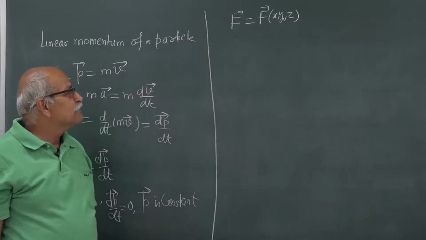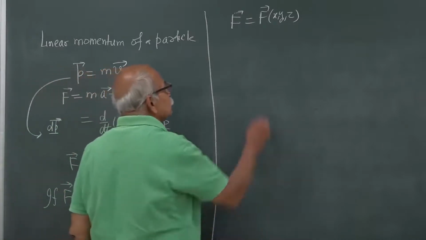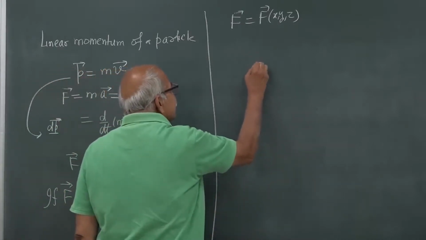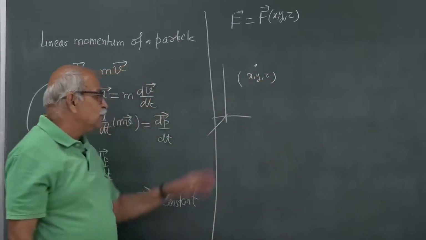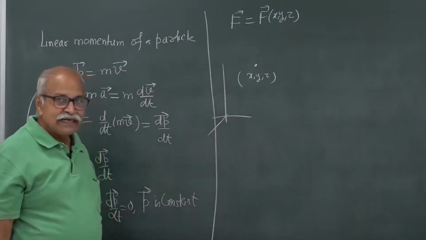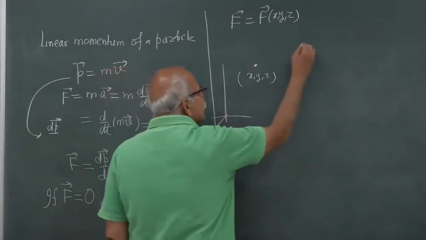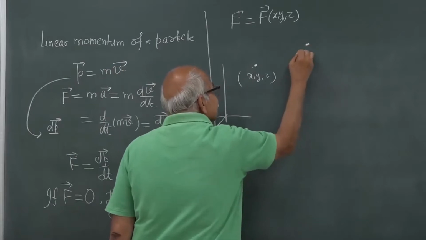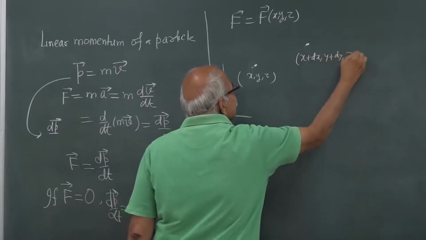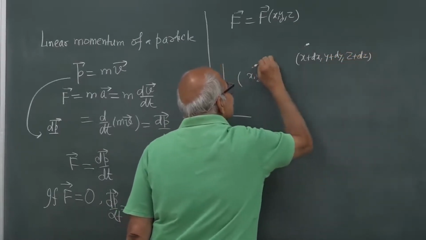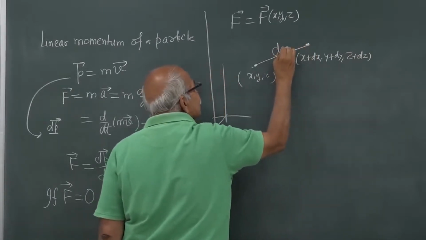If a force depends on the space point, then think of this quantity. I have a point x, y, z, with some frame of reference, some origin, some x axis, y axis, z axis. Then nearby I take another point, x plus dx, y plus dy, z plus dz, and this vector I call the dl vector.